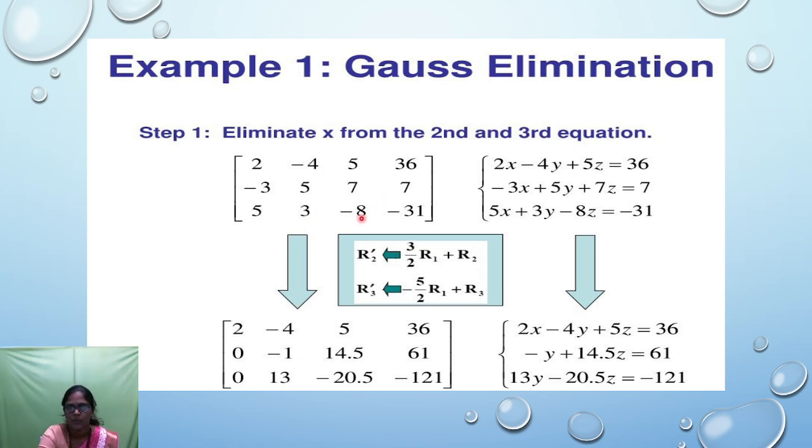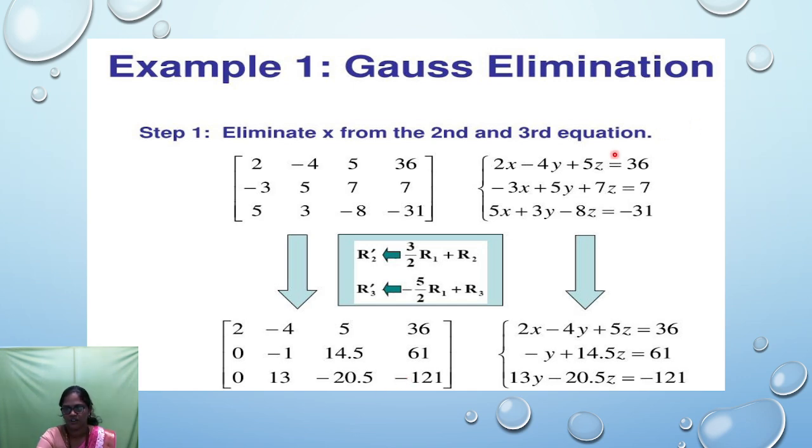Similarly here also multiply minus 5 by 2 into 5 and add with minus 8. So here we get minus 20.5. Here also multiply minus 5 by 2 into 36, then add with minus 31. So totally we get minus 121.